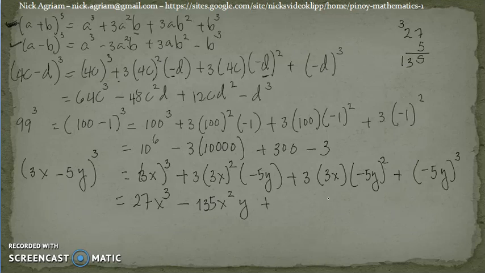And then the next term is 9 times 25. That's 225. And that is positive because negative 5 times negative 5 will be positive. 225xy squared. And then we have negative 125y raised to the power of 3.